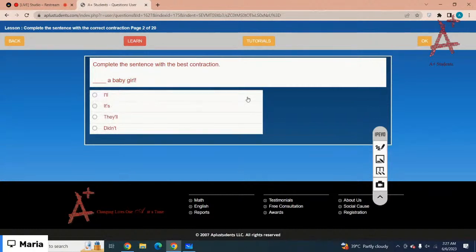Which is the correct option? It's a baby girl. The correct option is it's a baby girl.